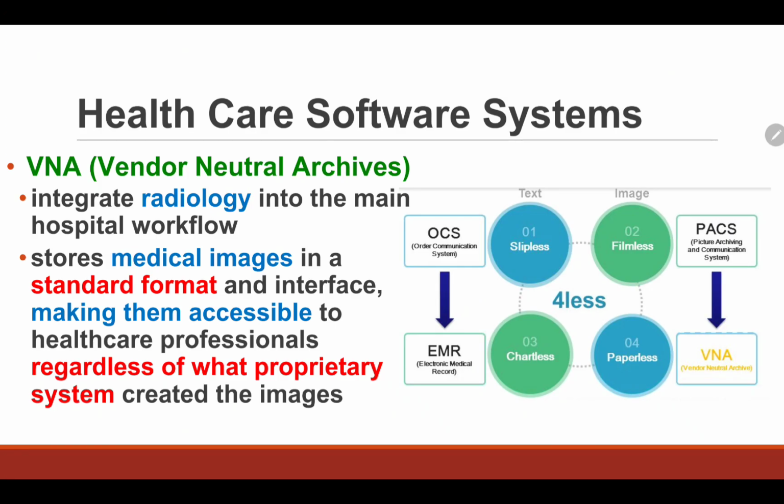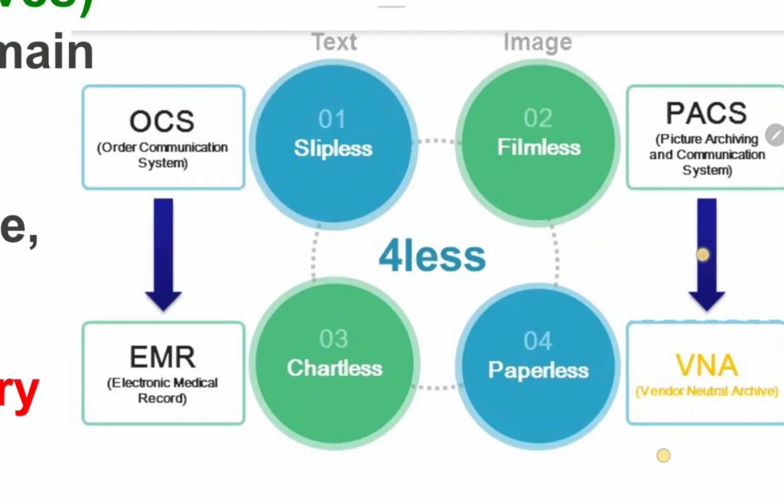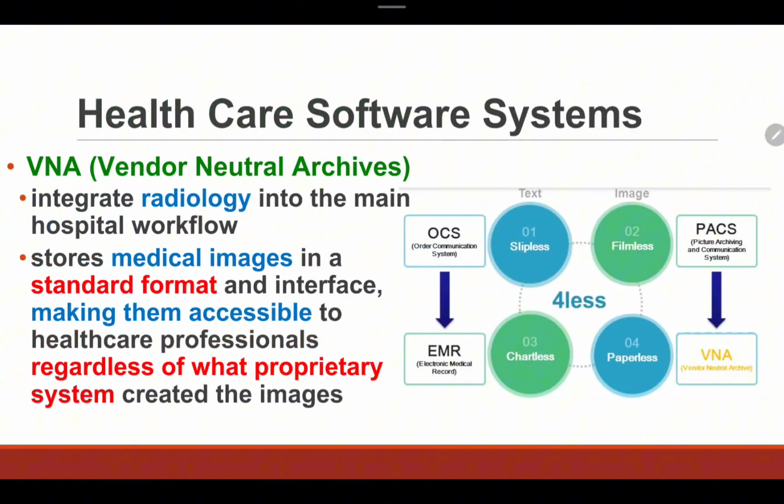However, here the PACS collects the data initially, then passes it to the VNA, the Vendor Neutral Archive. The Vendor Neutral Archive then stores the medical images, this time in a standard format. Okay, I hope you got it. The format is standard, so it is easier to access and there is a lesser chance that the data will be corrupted, unsupported, or unviewable. I hope you understood.